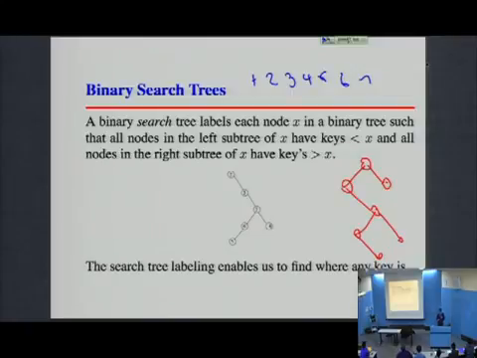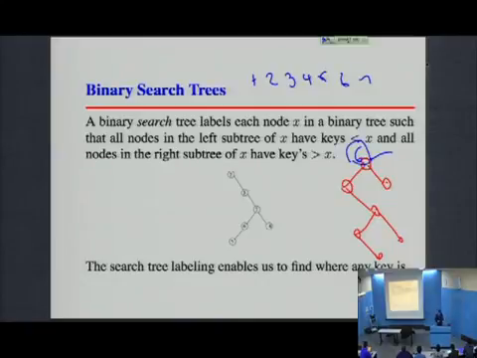Okay? What is the labeling of the root? If it's just a binary tree, you can paint it any color you want. But for a binary search tree, the order of the keys matters. What is the label of the root going to be? 6. Why is it going to be 6? Because there's 5 keys to the left of it.